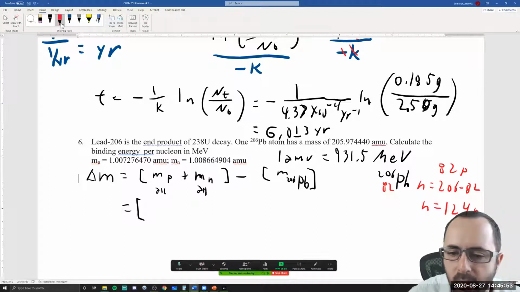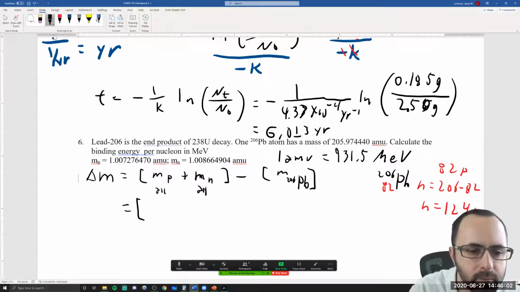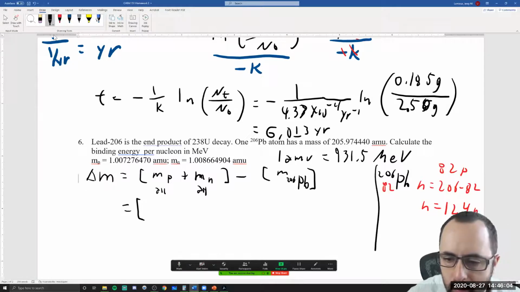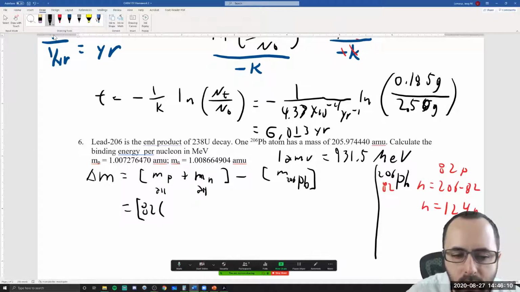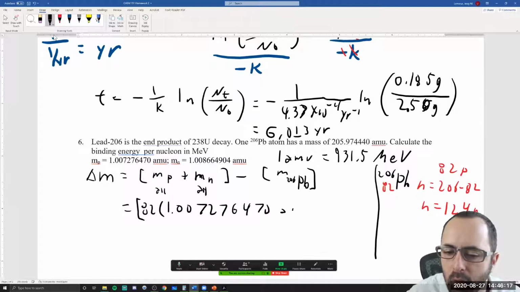And we have the mass of the lead atom, this particular lead atom, given. So we will do 82 times the mass of the proton, 1.00727647 AMUs.